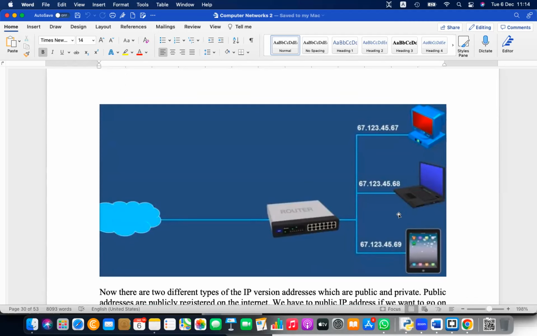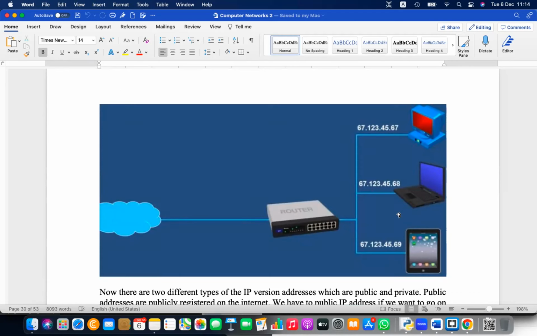Network address translation means that inside your local network or inside your local computer, you are using a different range of addresses, and external to that, you are using a different range of addresses. Actually, a proxy does something similar to this.